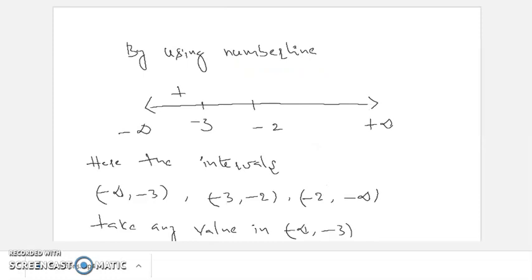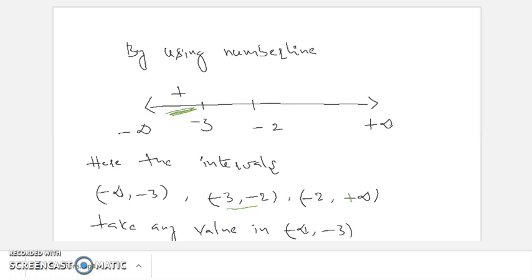Minus 3 and minus 2 divide the number line into 3 subintervals. One is minus infinity to minus 3, and the second subinterval is the open interval minus 3 to minus 2, and the last one is minus 2 to plus infinity.